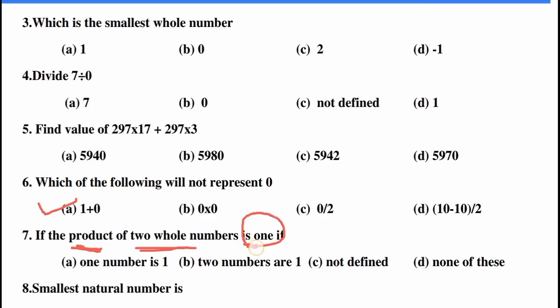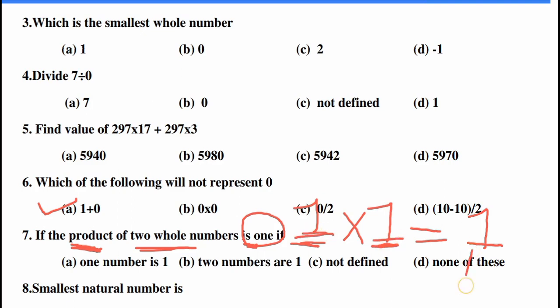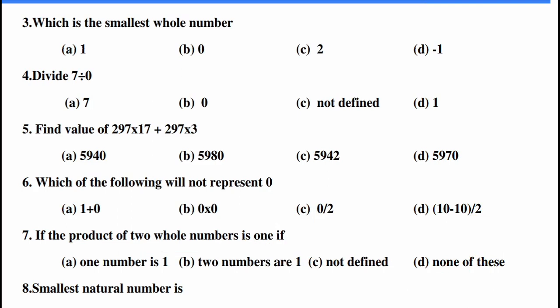Here we want the product of this multiplication to be 1. So how can we get the product of two numbers as 1? Whenever both numbers are 1, then we can say the product will be 1, right? So both numbers should be 1. So the correct answer is B. Two numbers are 1.